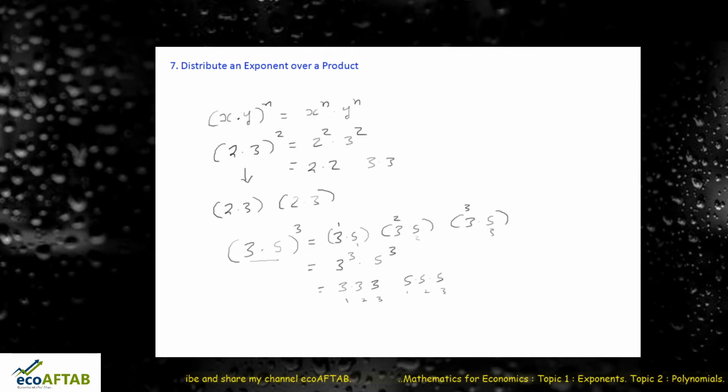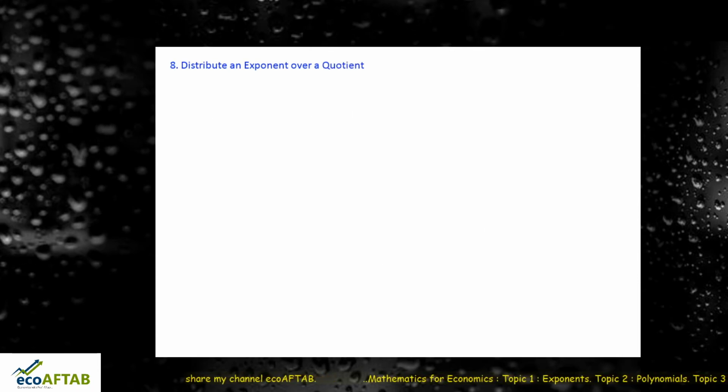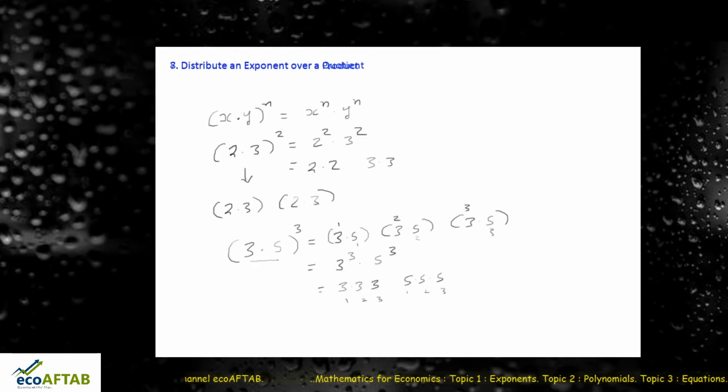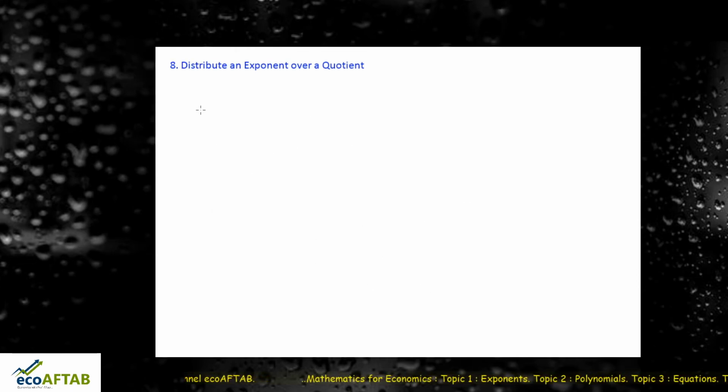Then going ahead, we can say distributing an exponent over a quotient. When you speak about a quotient, it is something like this: x divided by y the whole raised to n.